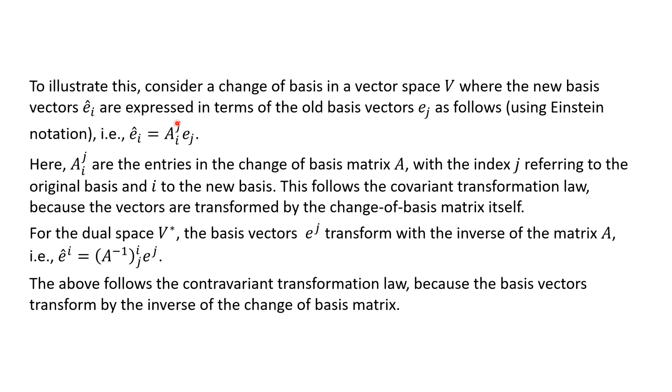So the summation is over j. Here A_ij are the entries in the change of basis matrix A, with the index j referring to the original basis and i to the new basis. This follows the covariant transformation law because the vectors are transformed by the change of basis matrix itself, A.